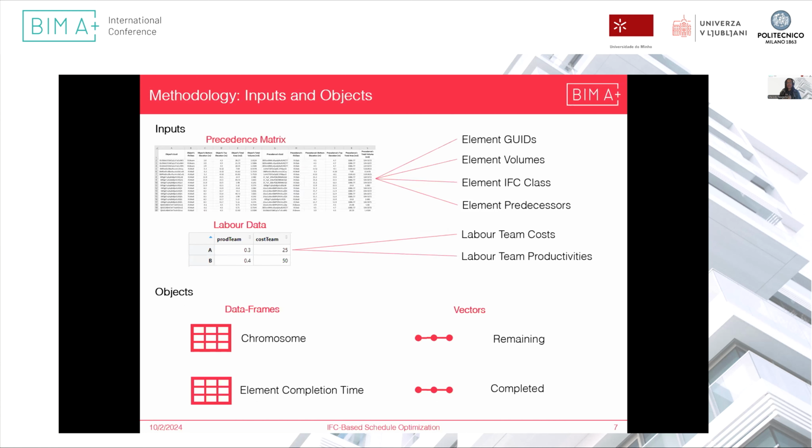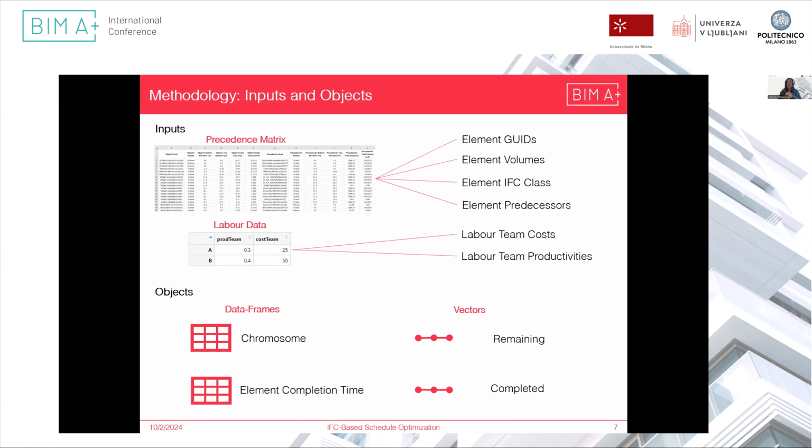All right, so the aforementioned equations were done within R, which is the programming language used for this task, with two inputs, that is the precedence matrix and the labor data. You have heard of the precedence matrix before from my colleague Andre Mantelato, who is also the person who created the methodology that was used in this study for the creation of the precedence matrix specifically.